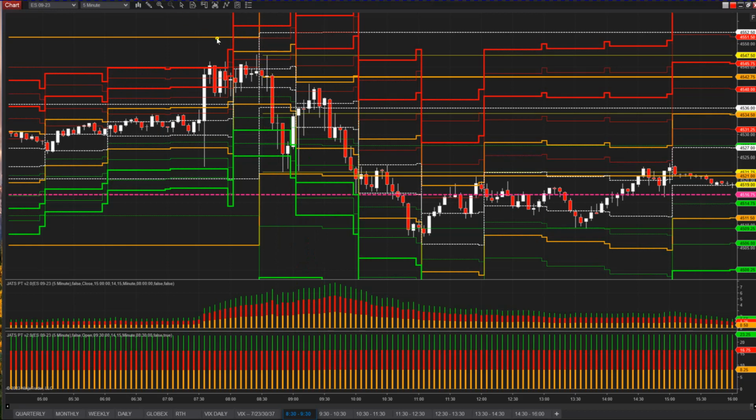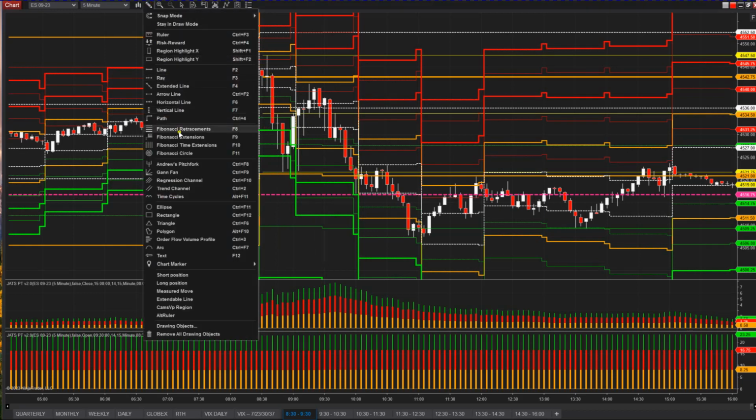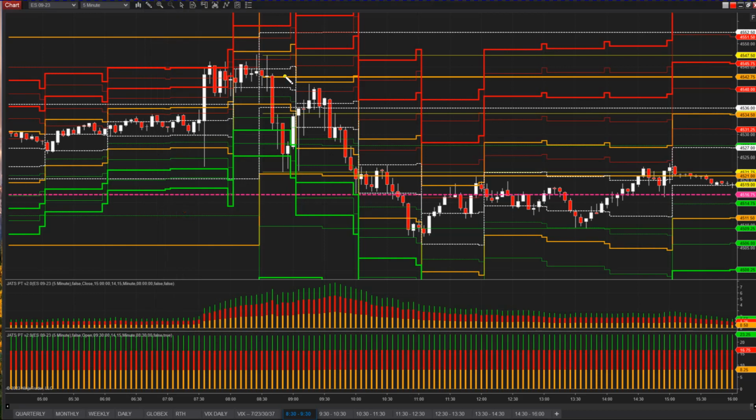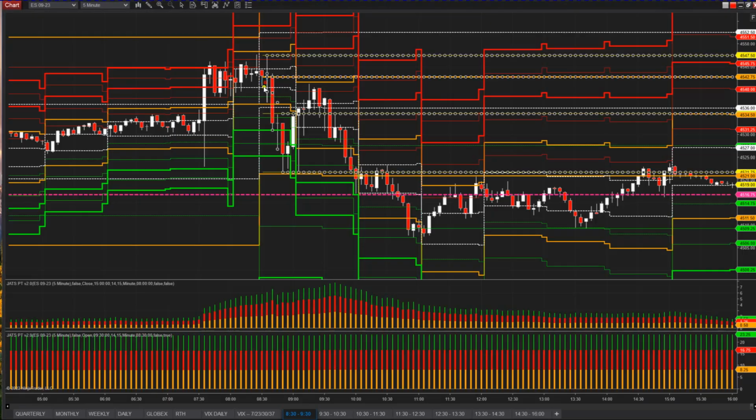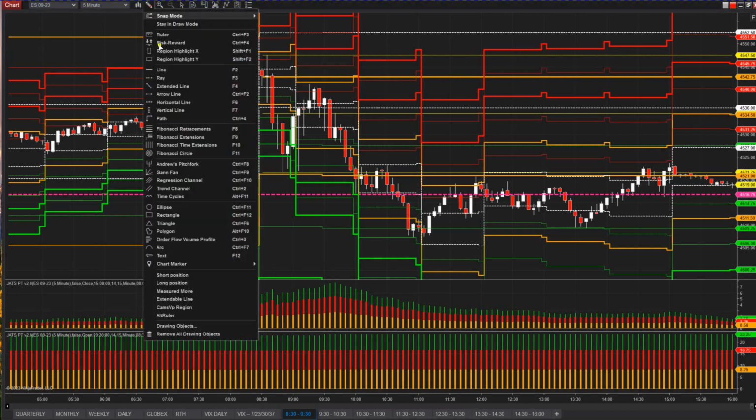So if you measure the distribution from the open to the three, oops, do that again. My graphics card, sorry. Try this again.